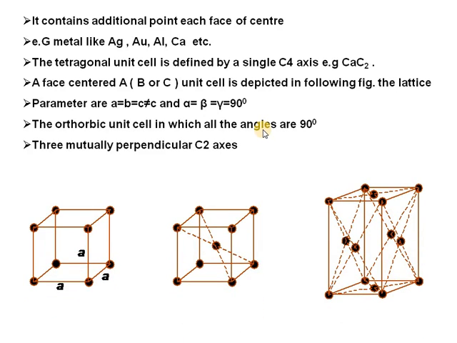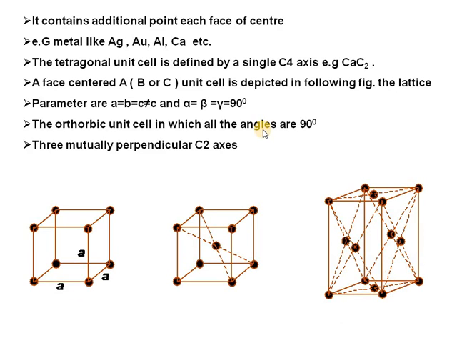It contains additional points at the face centers, in metals like silver, gold, aluminium, calcium, etc. Another type is the tetragonal unit cell, which is defined by a single C4 axis, for example, calcium carbide. Face-centered A, B or C unit cell is depicted in the following figures like this.